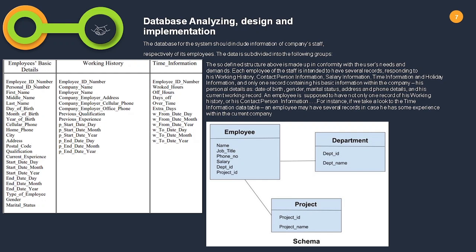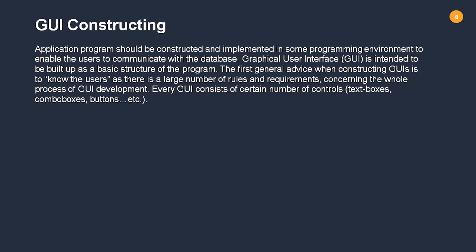Okay, now let's talk about the GUI constructing. An application program should be constructed and implemented in some programming environment to enable the user to communicate with the database. So GUI is intended to build up a basic structure of the program. The first general advice when constructing a GUI is to know the users, as there is a large number of rules and requirements concerning the whole process of GUI development.